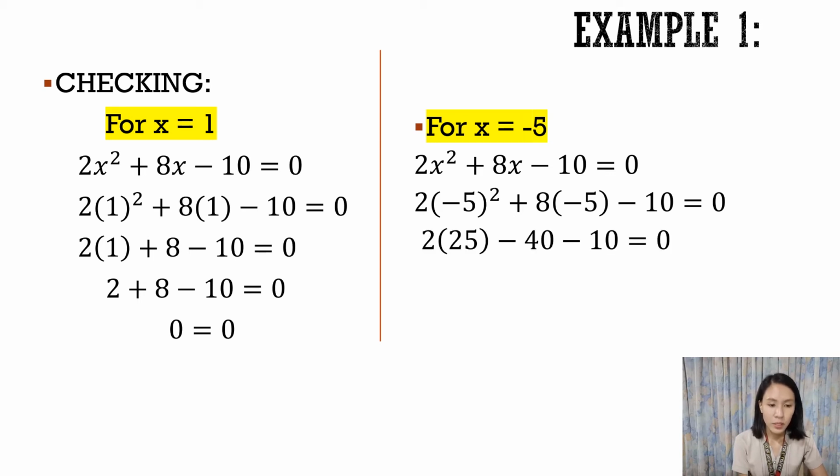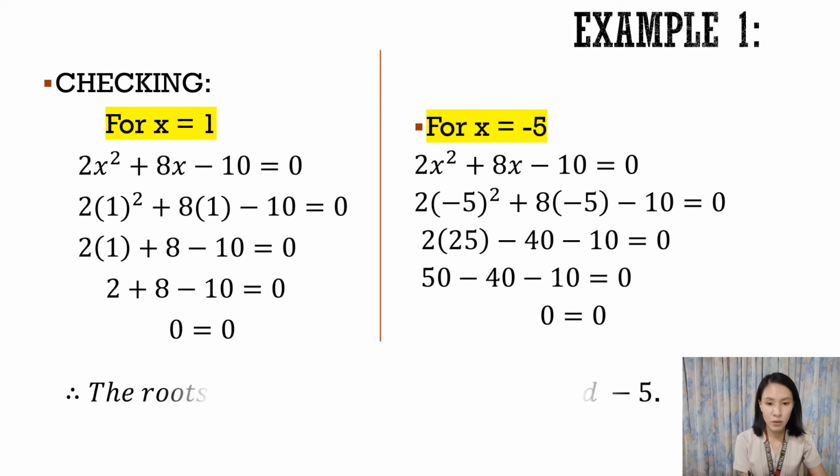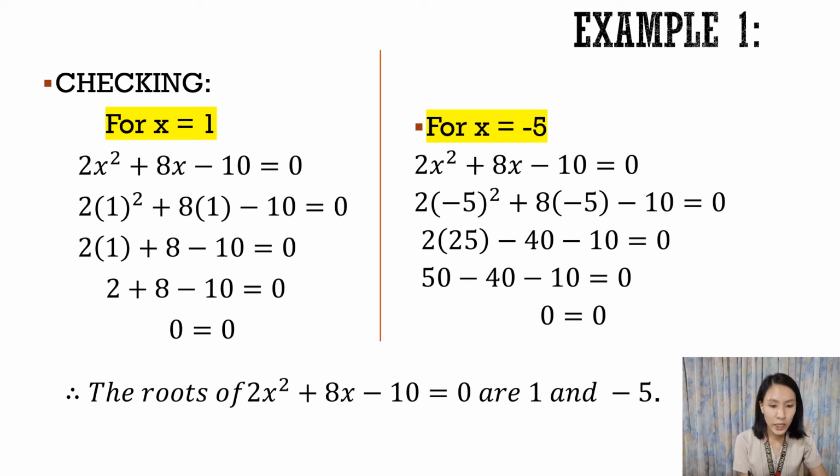Perform the indicated operation. 2 times 25 minus 40 minus 10 is equal to 0. 50 minus 40 minus 10 is equal to 0. So we'll now have 10 minus 10 is equal to 0. 0 is equal to 0. Therefore, the roots of 2x squared plus 8x minus 10 equal to 0 are 1 and negative 5.